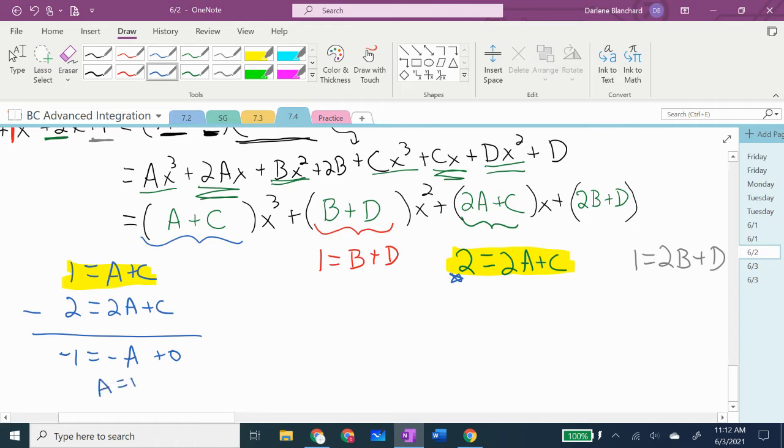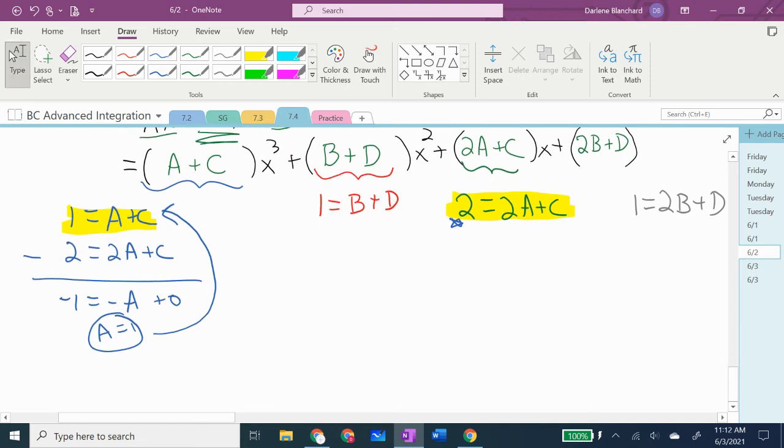My a must be equal to 1, and then if a is equal to 1, and 1 plus c equals 1, my c must be equal to 0.